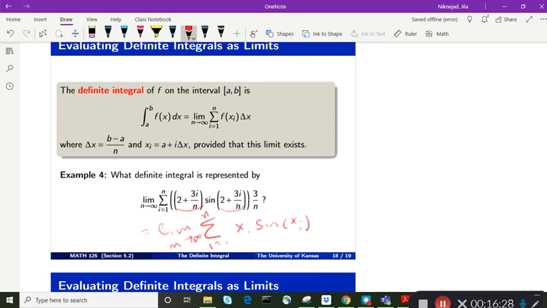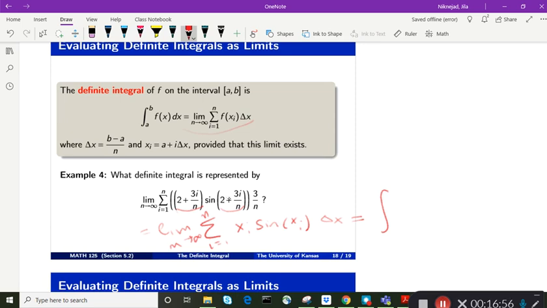Wait, how does this compare? Look, delta x is supposed to multiply by i, and so it seems like this can work. So that would be a delta x. Now convert this. This is a better look because it looks like that now. Now you convert it back and you get the integral from a.